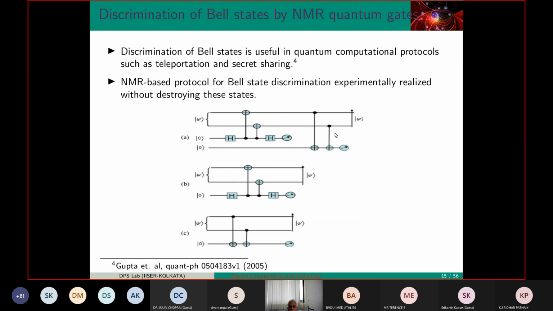For example, if it is 0, 0, you can check yourself, nothing will happen because control not on 0, 0 doesn't do anything. If it is 1, 1, nothing will happen because both are 1. One flip will change, the other flip will again change, so nothing happens. For 0, 1 or 1, 0, the state will change. 0 becomes 1. So by measurement, you can find out.